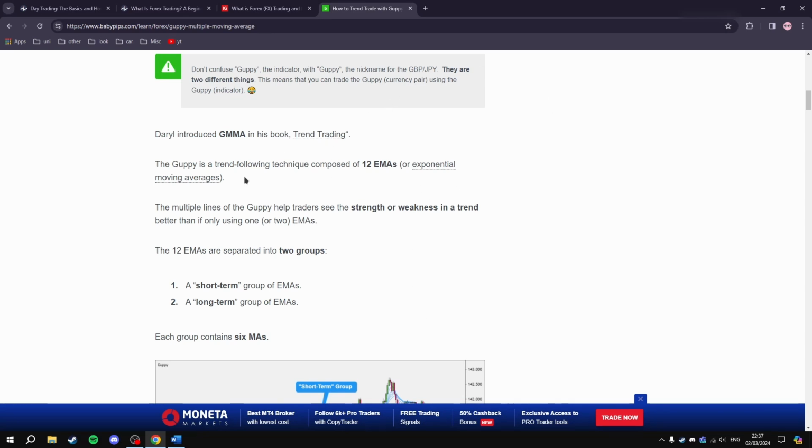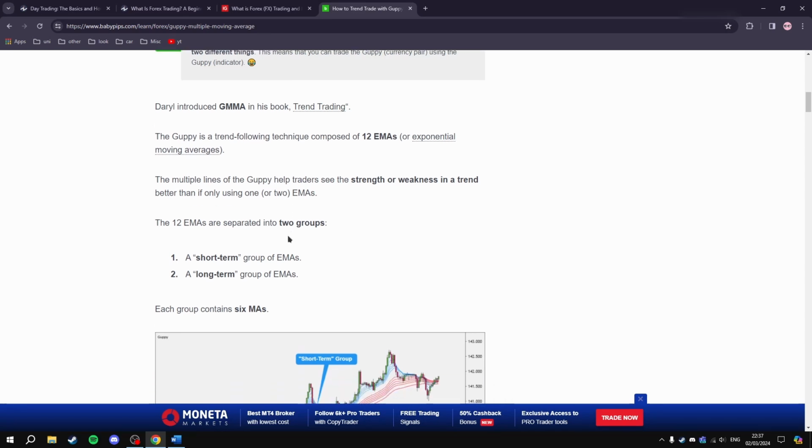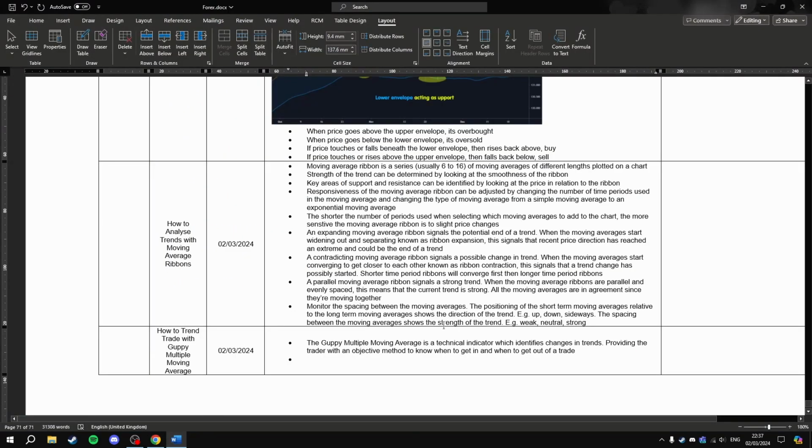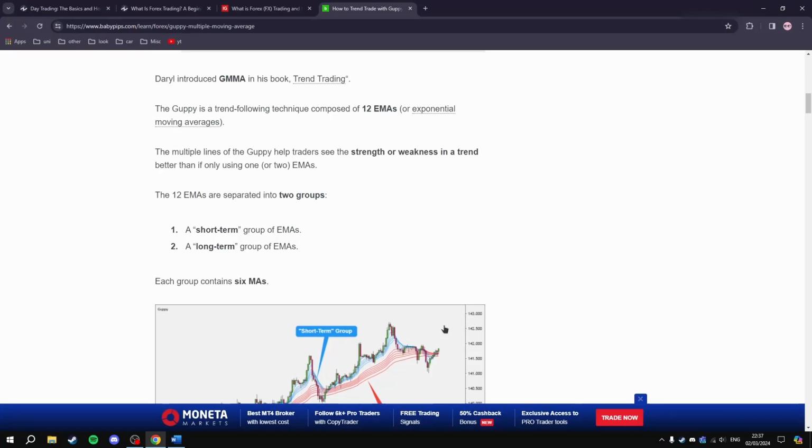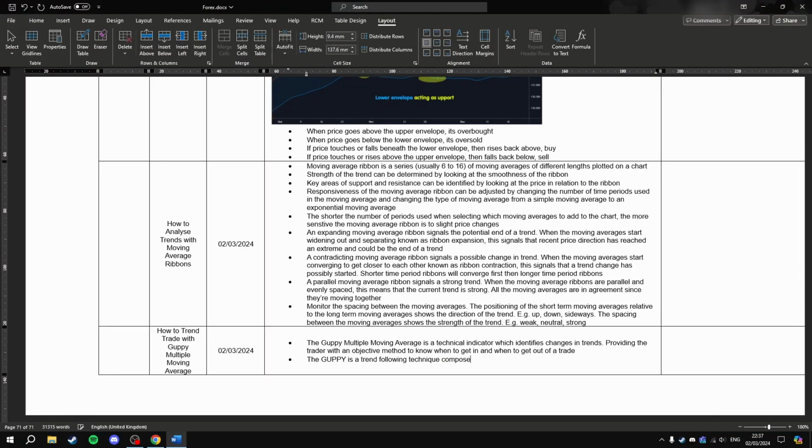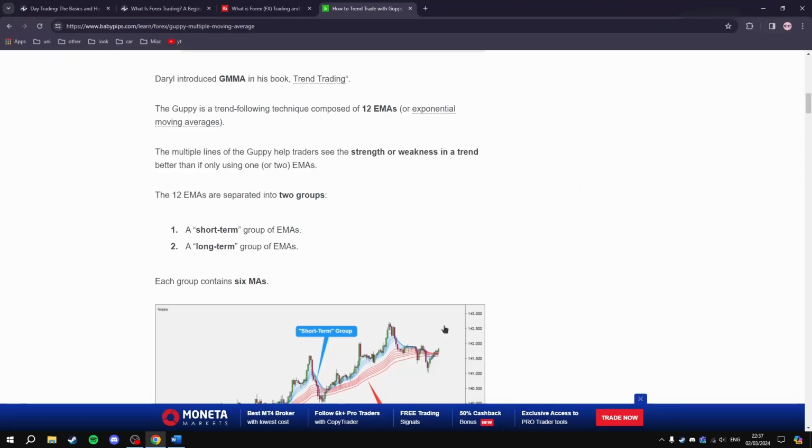The Guppy is a trend following technique composed of 12 exponential moving averages.